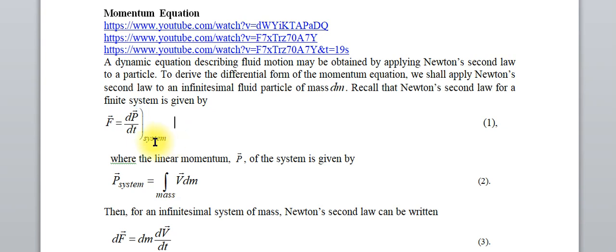As we have shown, there is the system approach and the control volume approach. This is the Lagrangian approach. System approach is the Lagrangian approach. Lagrangian means when you are studying the individual particle.